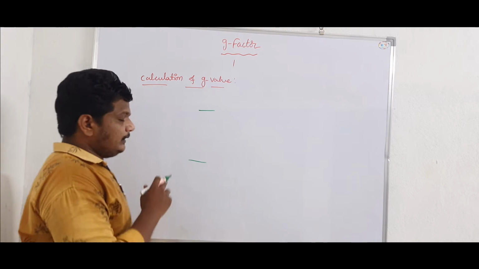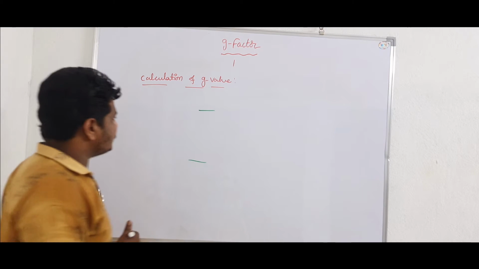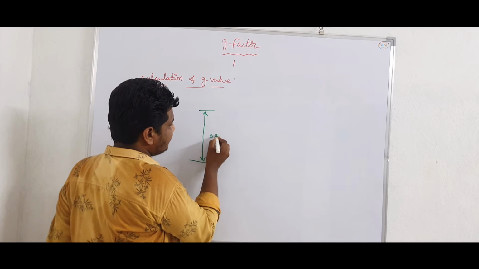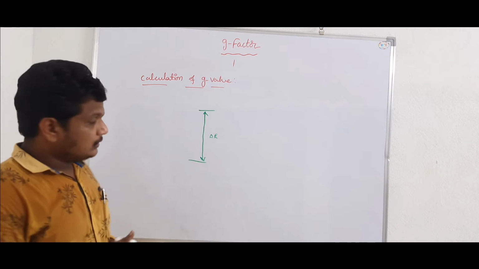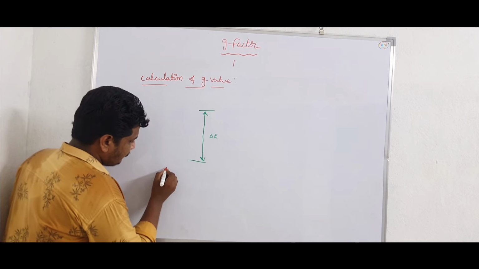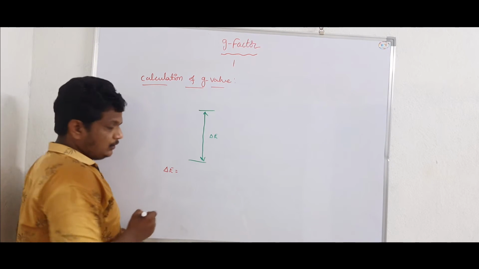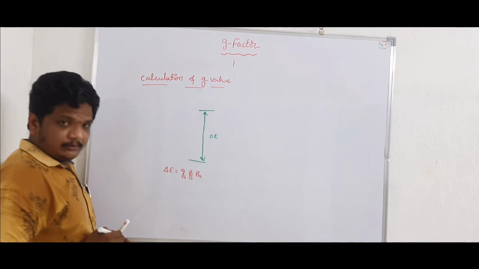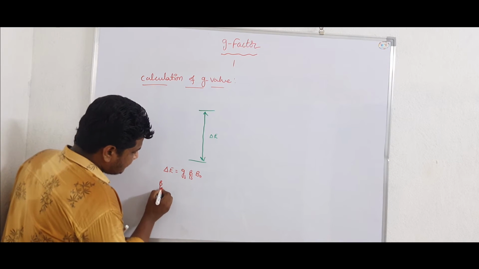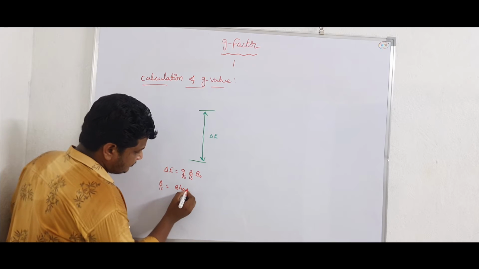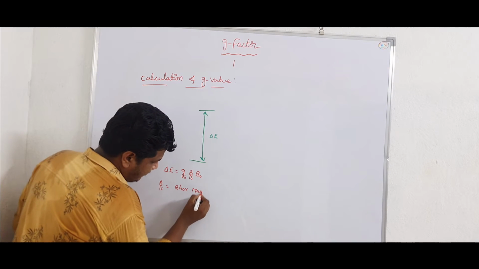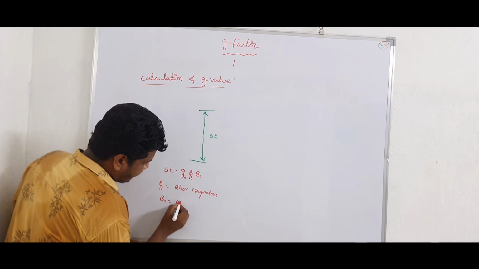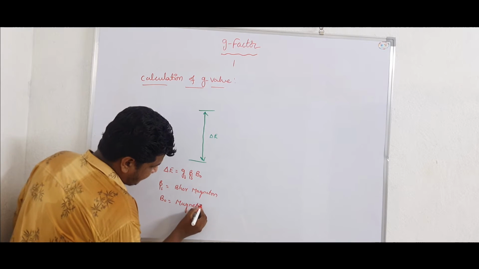The energy difference between these two spin states is delta E, where delta E is equal to Gs beta S into B naught, where beta S is the Bohr magneton and B naught is the magnetic field.